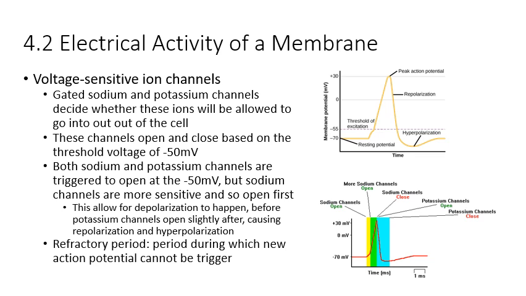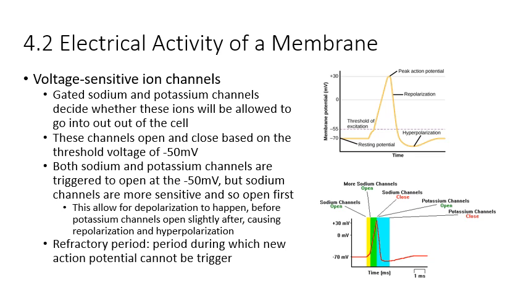During that, both the sodium and potassium channels are triggered to open, but sodium channels are a little bit more sensitive, so they open more quickly. They open first, and that's what allows that quick influx of sodium and allows the membrane potential to become very positive, up to positive 30.